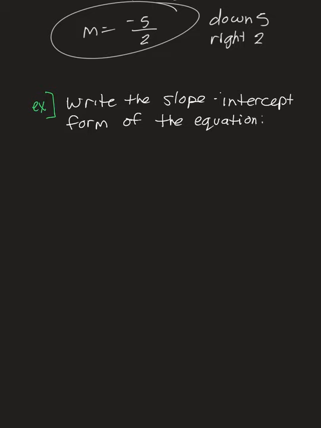And say you're given that the point the line goes through is -1, 3, and say that the slope is -8.